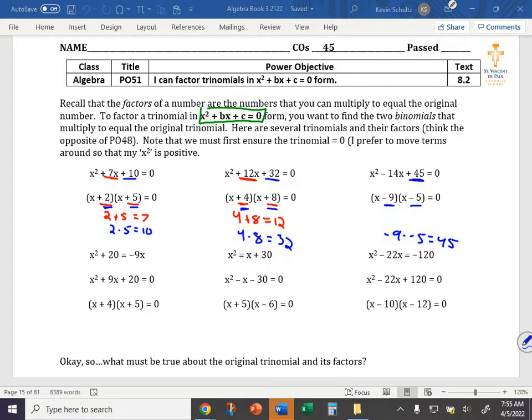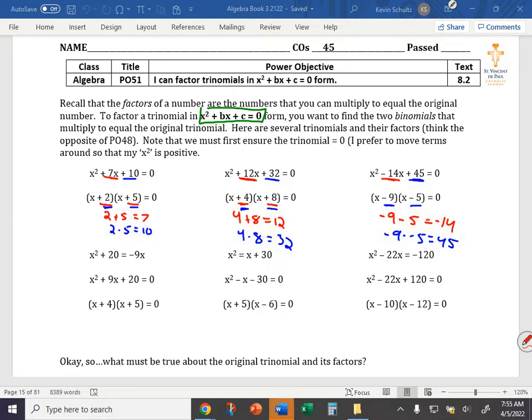For the addition, negative 9 and negative 5, which we can write as negative 9 minus 5, gives us negative 14, which we have in the original trinomial as well. So there's definitely a connection between the numbers in our binomials and the terms in our original expression.